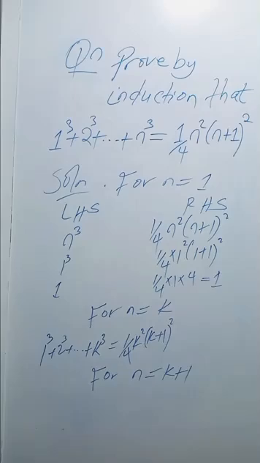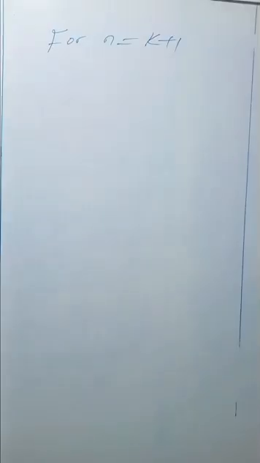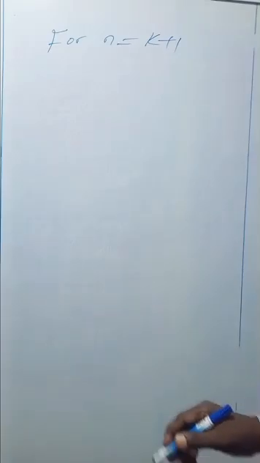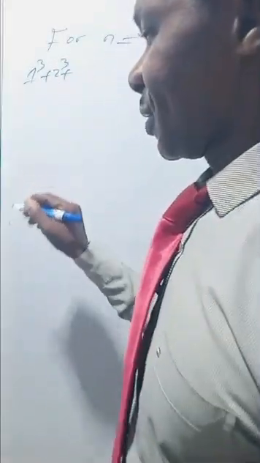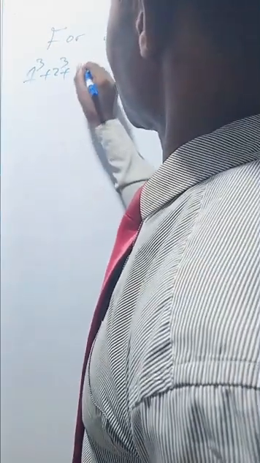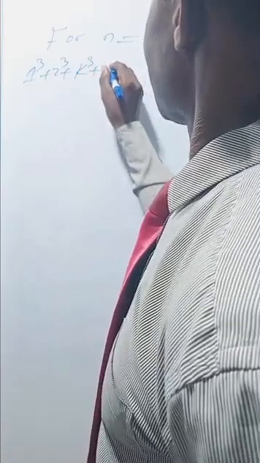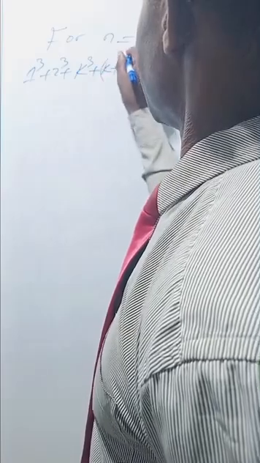So what do we do with k plus 1? We add a new term on the left-hand side, including k plus 1. Once you add on the left-hand side, in order not to distort the meaning of the statement, you have to add the same on the right-hand side. So here we go. For n equals k plus 1, our new statement now becomes 1 cubed, then plus 2 cubed, then plus, remember we ended at k, then plus k cubed, then plus k plus 1 cubed.